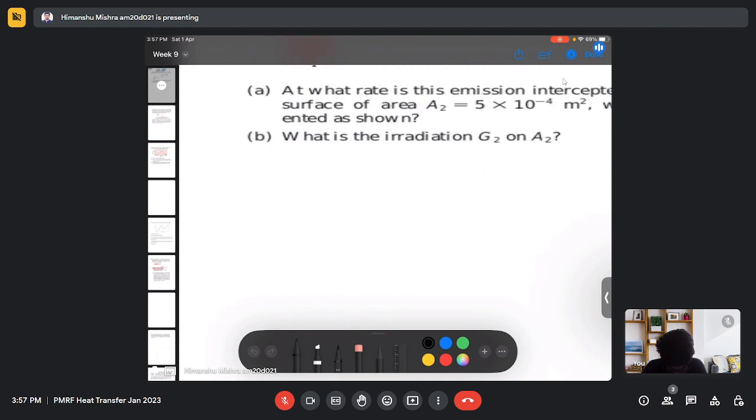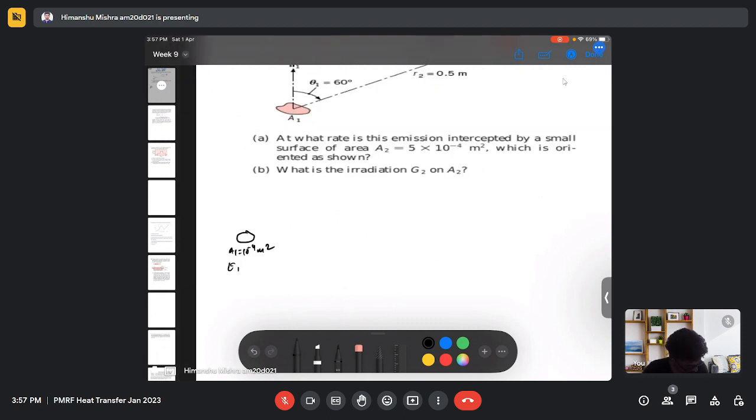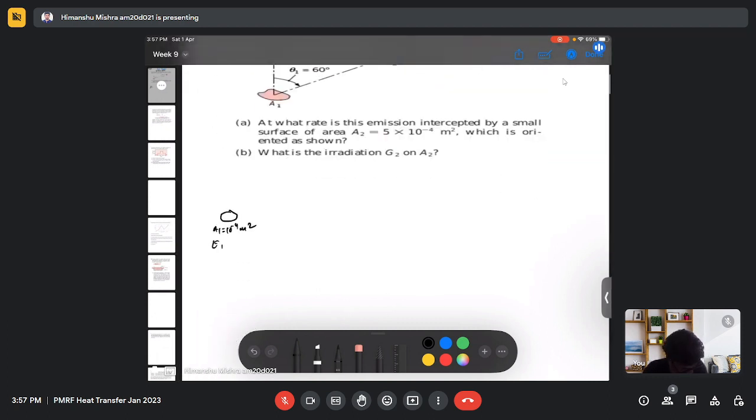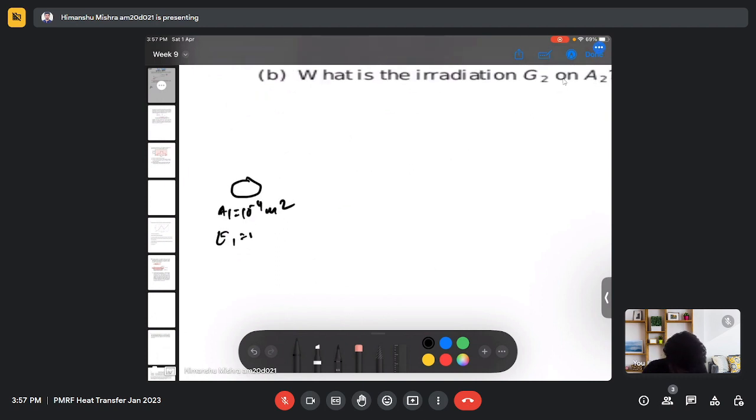So we have given here an area of 10 to the power minus 4 meters square with the emissive power of 5 10 to the power 4 watt per meter square.